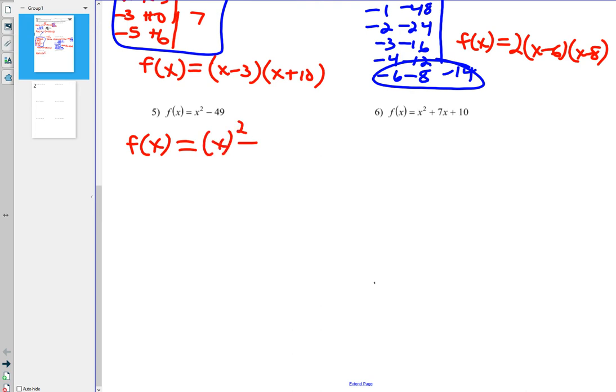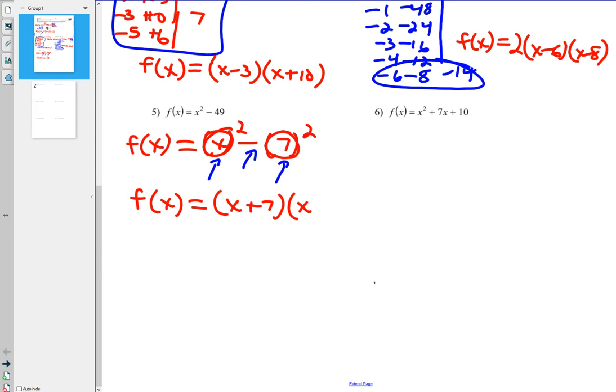What times itself gives you 49? So if you have a difference of two perfect squares, you can take the numbers that you're squaring and arrange them as what are called conjugates. Conjugates is just: one time add them and one time subtract them.